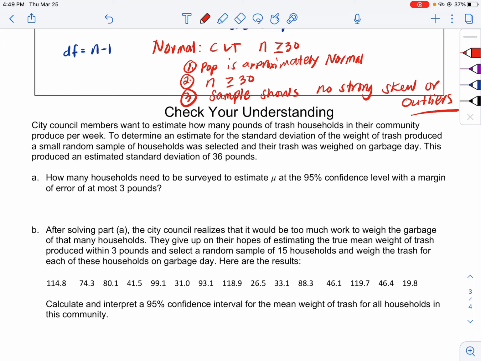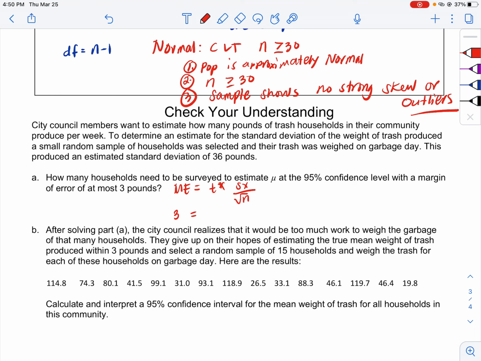So we're given the margin of error, we're given the confidence level, we wanted to know the number of sample. So what's the formula for our margin of error? So margin of error equals T star and Sx over square root of n. So margin of error is 3 equals.